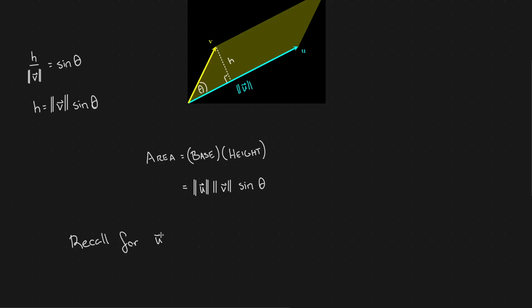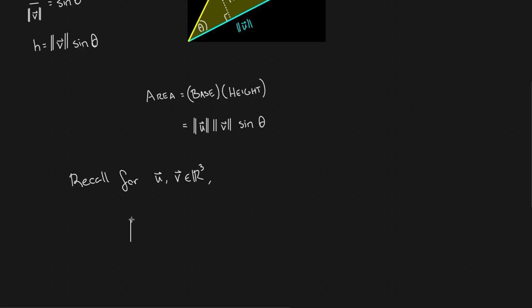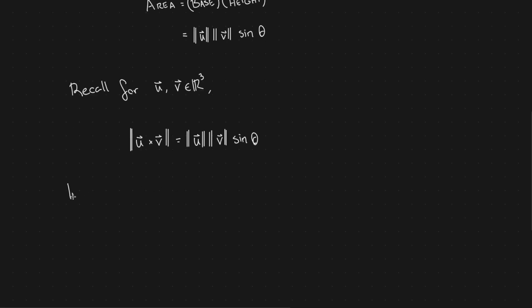Recall for vectors u and v in R3, the norm of the cross product of the vectors is equal to the norm of u times the norm of v times sine of the angle between vectors u and v. We discussed this at the beginning of this course.